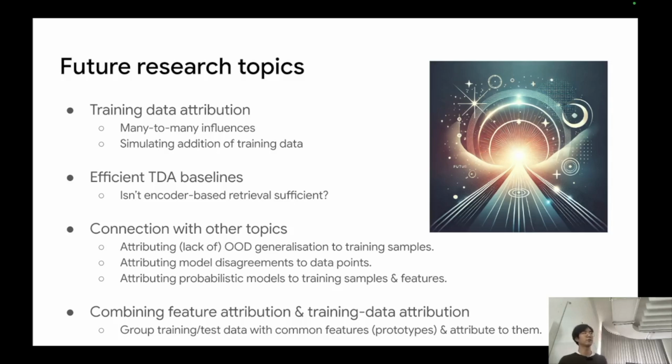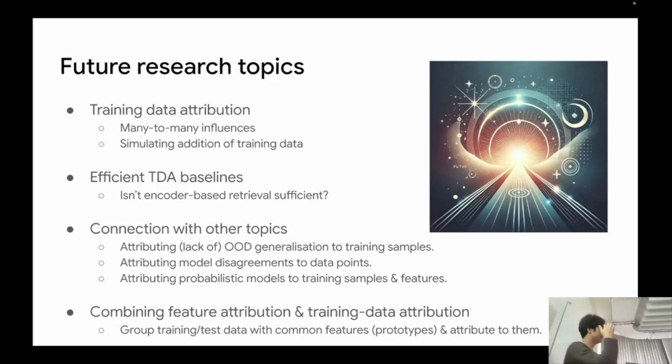We can try to attribute the lack of generalization to certain out-of-distribution cases back to the training data. In this case, in particular, addition will make a lot of sense, because the typical way to enhance generalizability to out-of-distribution is to include those out-of-distribution samples in the training and make them not out-of-distribution anymore. So that's one possible topic.